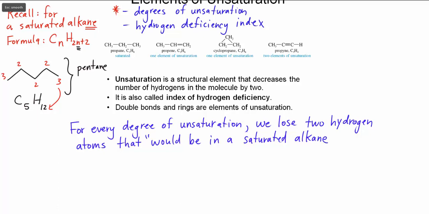So if your system was completely saturated, if we have 1 degree of unsaturation, we would lose 2 hydrogen. If we had 2 degrees of unsaturation, we would lose 4 hydrogen, and so on.